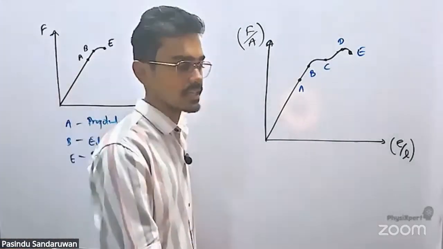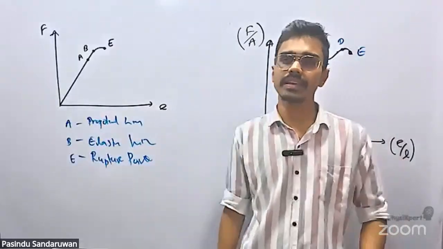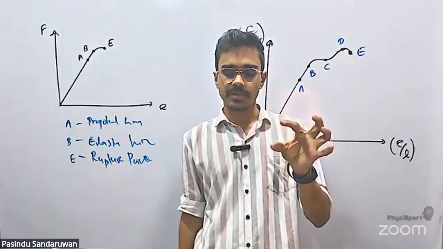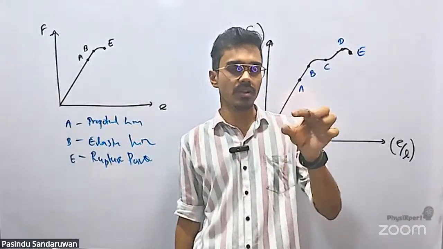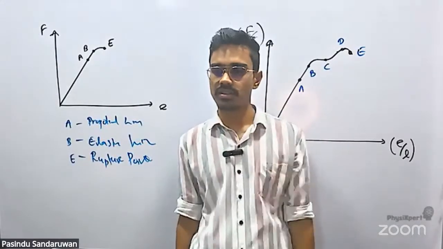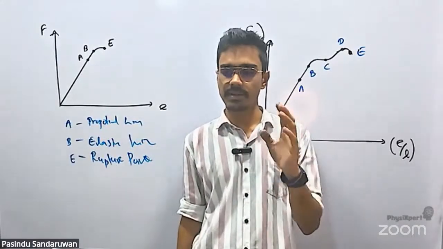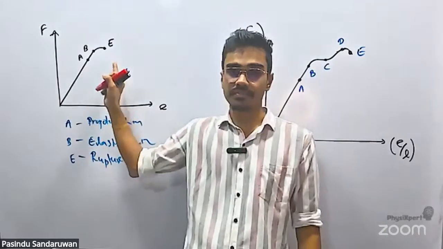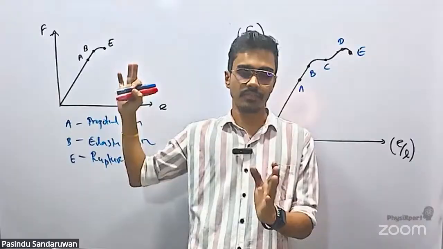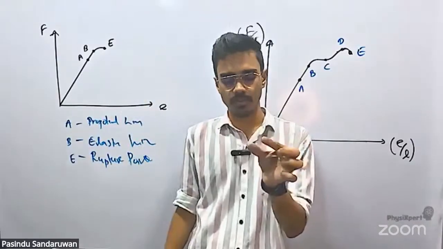Let me explain again. When it comes to brittle material, naturally the elastic limits and proportional limits are very small, negligible. Now, for the graph, for you to see, I have drawn a magnified one. Otherwise, their limits are very small, right?